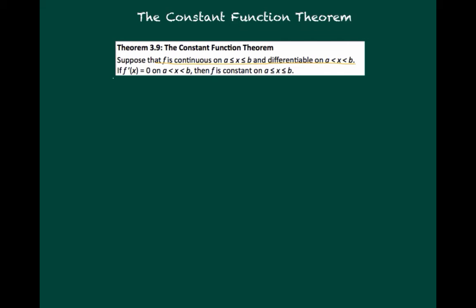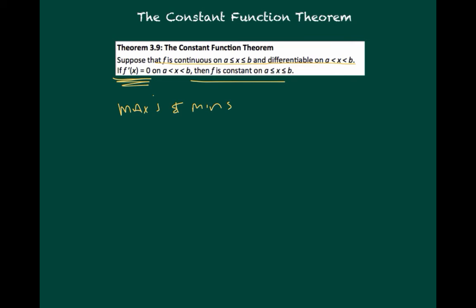If the derivative equals 0, then f of x is a constant function. Where this is going to become really important is this is going to help us to identify maxes and mins in the next chapter. So this is an important, kind of very self-evident theorem, but you want to make sure it's in your notes and that you understand why it's true.